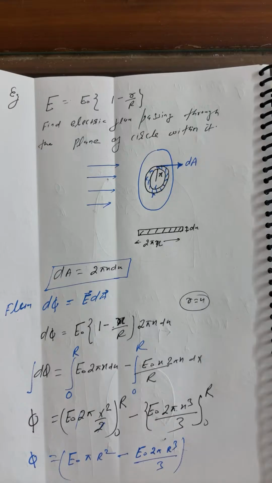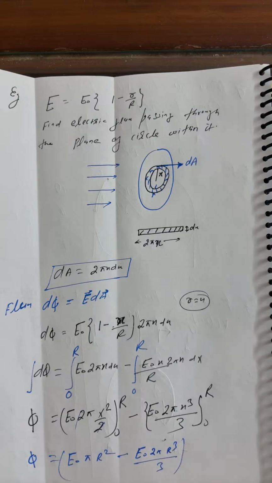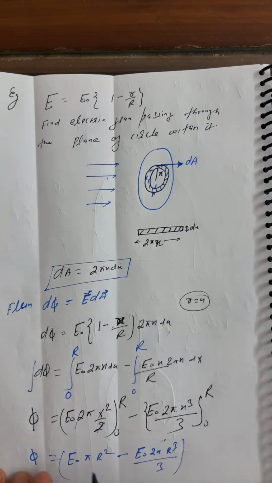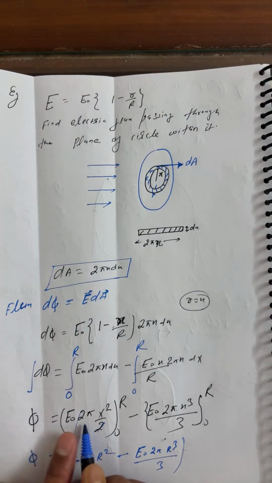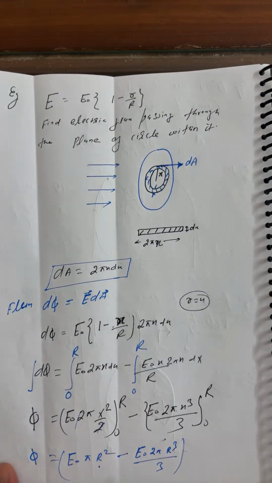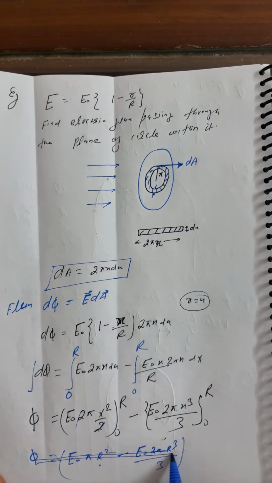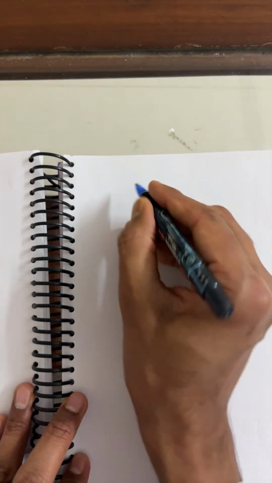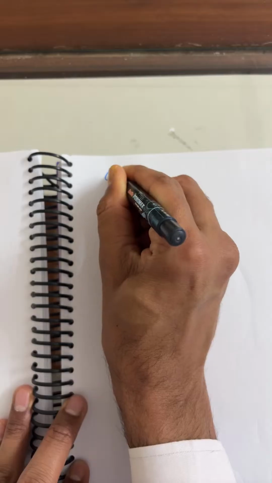Everything is fine? Yes, perfect. Do one thing here, that is better for us. For further calculation, you can take E naught 2 pi common. So x square by 2 means r square by 2. You can see this is the flux here.